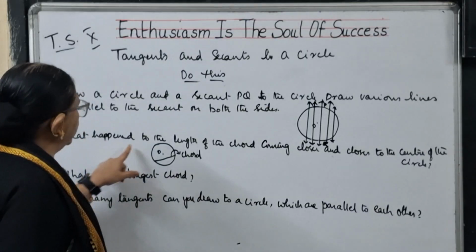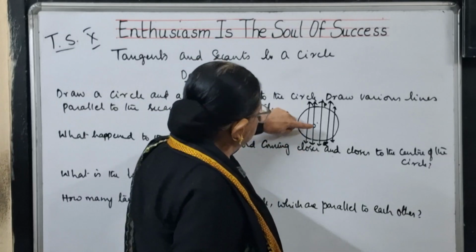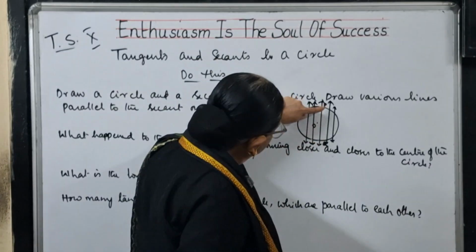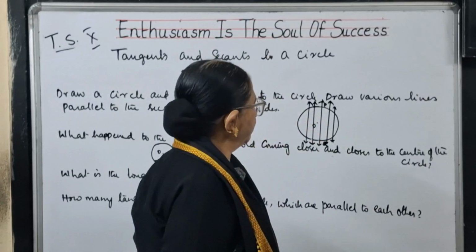Now the question is, what happens to the length of the chord as it comes closer and closer to the center? See, if you see the length of the chord which is coming closer to the circle, is it not increasing?